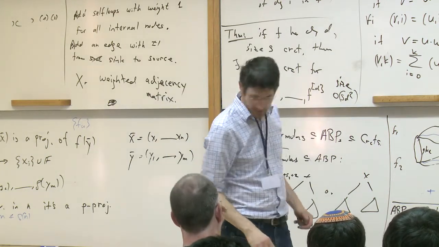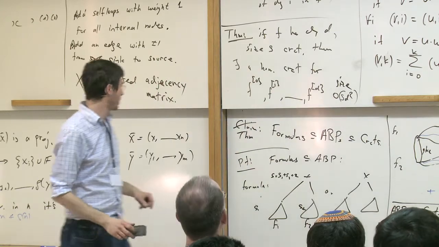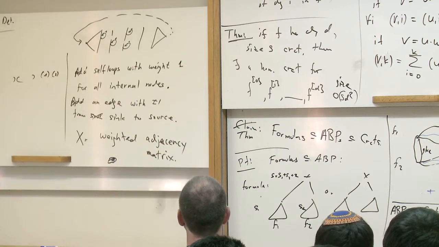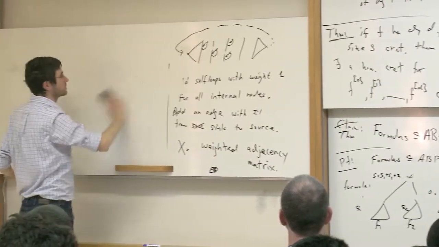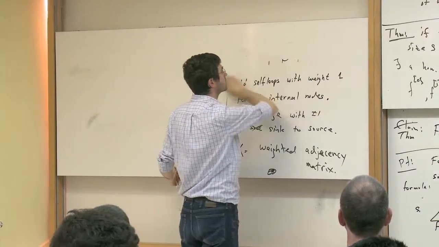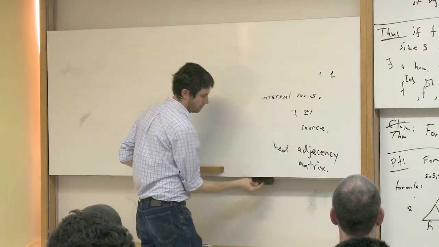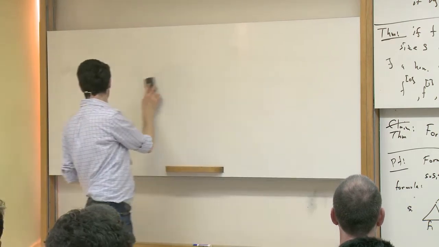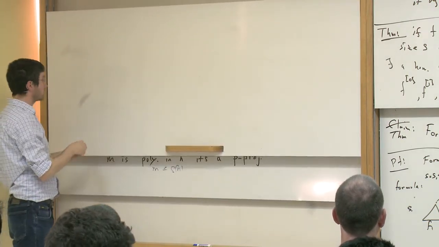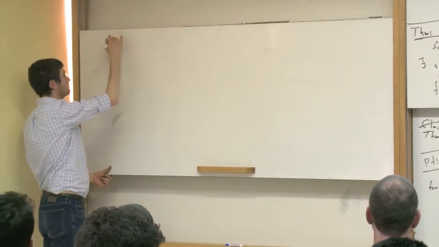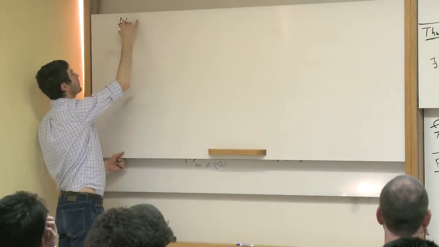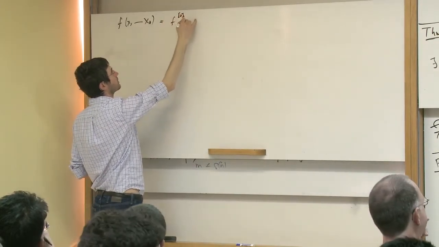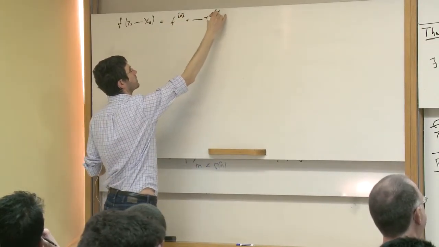Perhaps just another comment to connect this to interpolation. Let's say that we have f of x1 up to xn, which is of course the sum of its homogeneous components, f of 0 plus f of t.